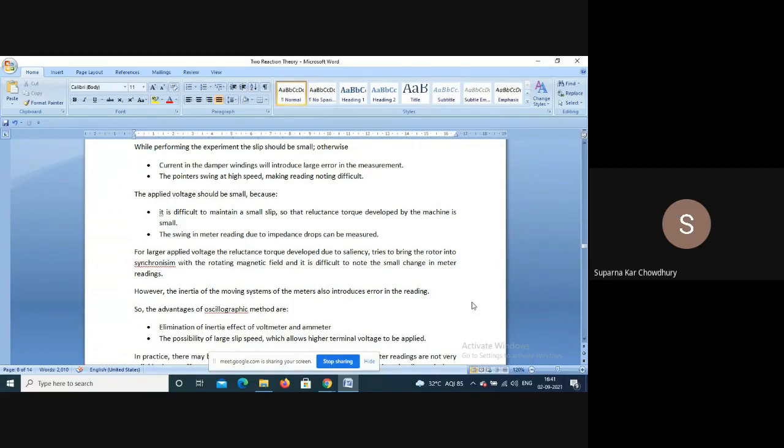And another thing is that the terminal voltage is varying basically because of the difference in the meter, and the drops in the leads and the connection. This voltage will change appreciably only if this drop is comparable to the applied voltage.